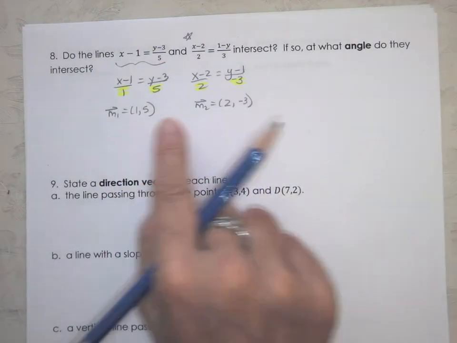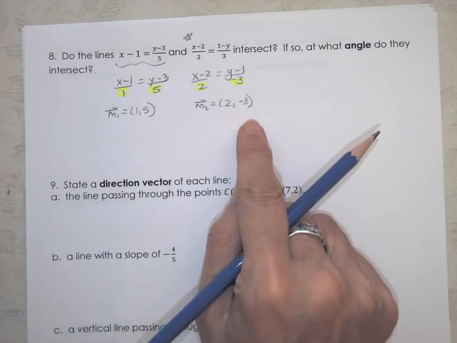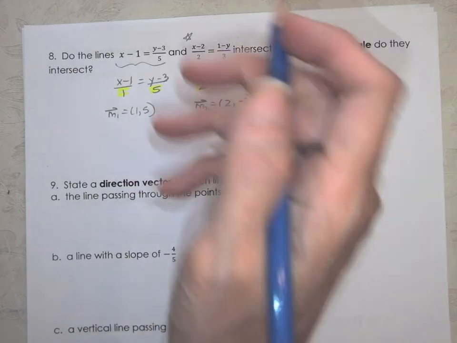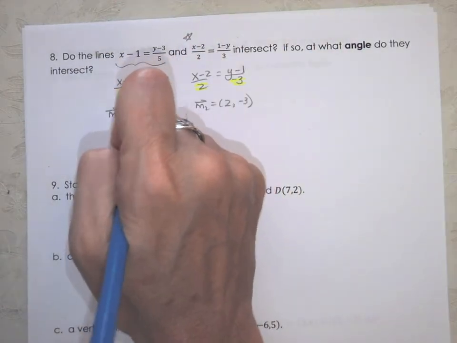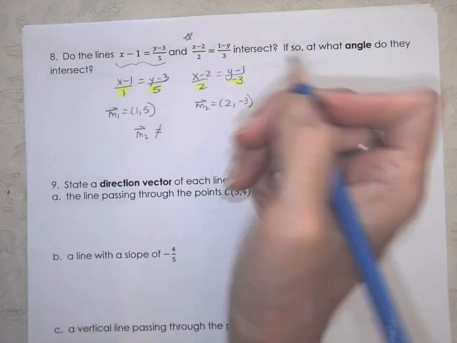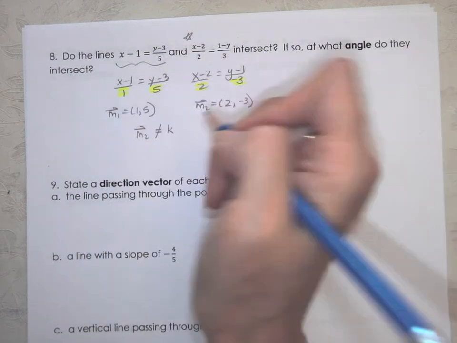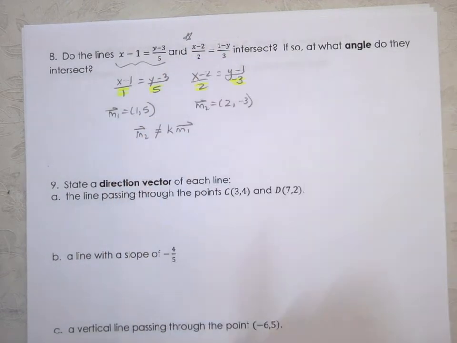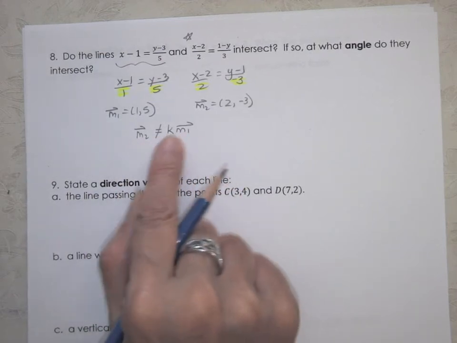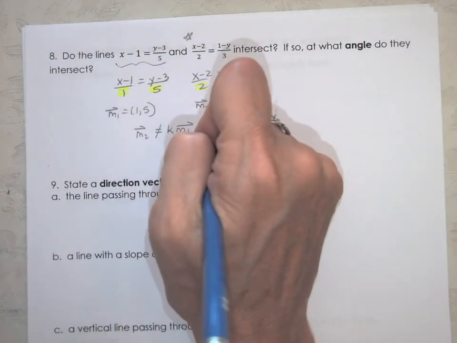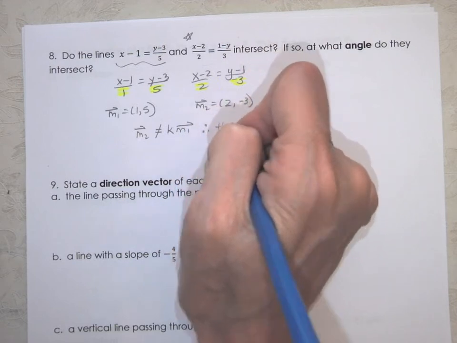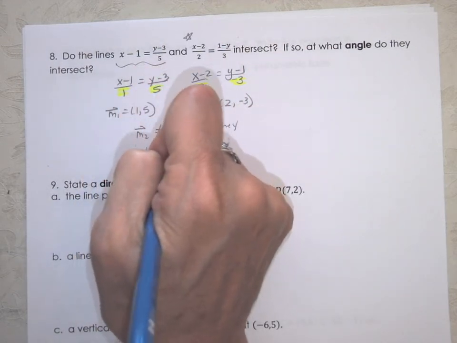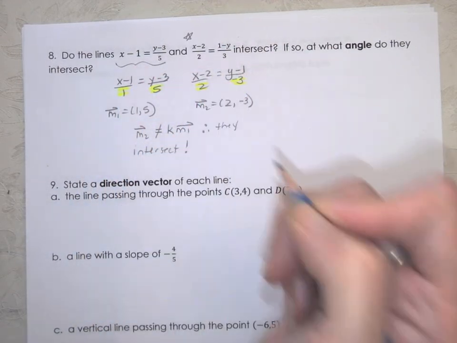So these 2 lines do not have the same direction. In other words, the direction vectors are not scalar multiples. So we could say M2 is not equal to a scalar multiple, some value of k times the other. So they're not in the same direction, and therefore they intersect if we're in 2 dimensions. So that's how we know they intersect.